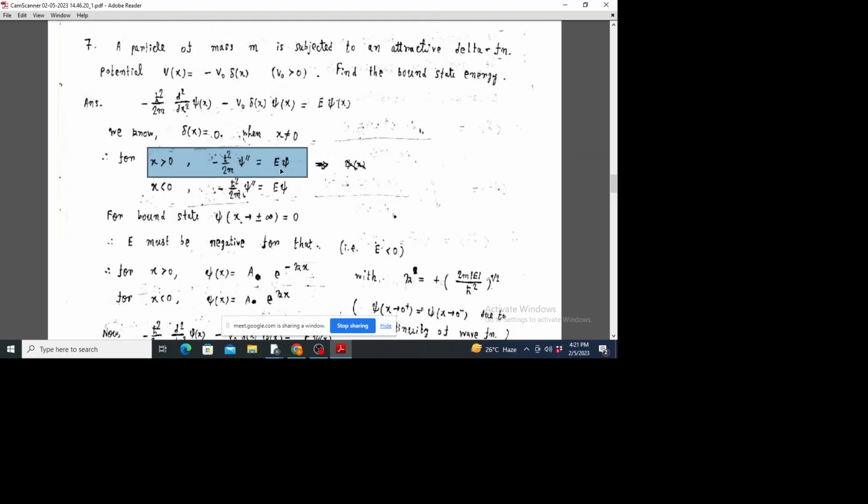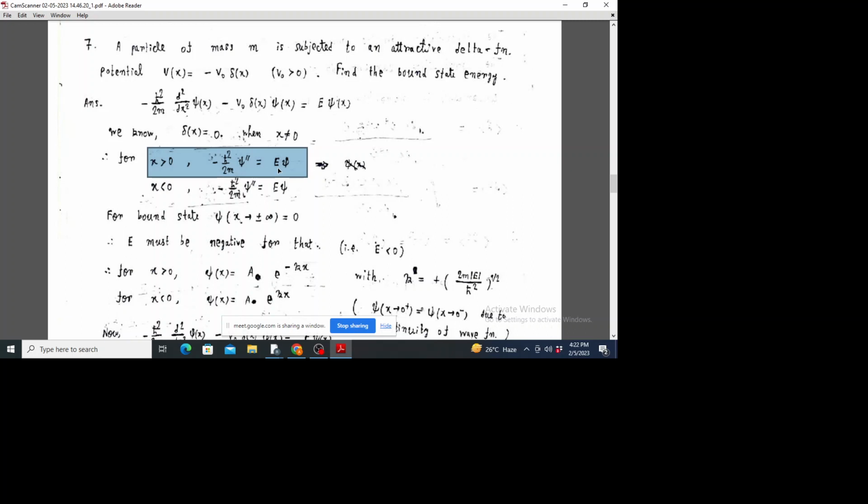then you will have oscillatory solutions. That will be sine and cos kind of solutions if E greater than 0, but that will not satisfy this bound state condition, like psi has to go to 0 as x tends to infinity.